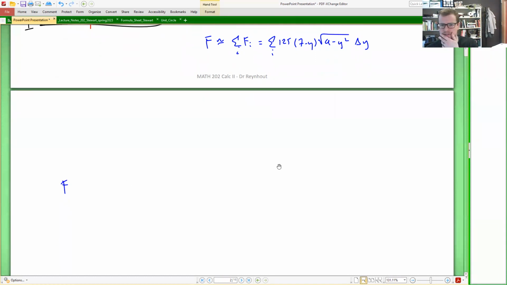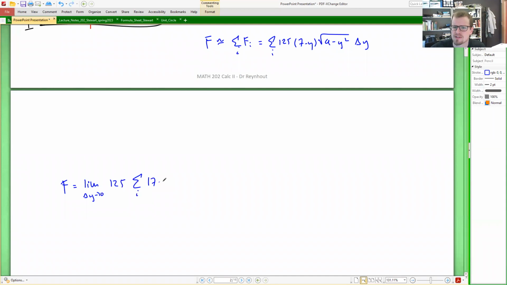So the force exactly is equal to the limit as the change in y goes to 0 of 125. Oh, I need that sum, but I can pull that 125 out. Sum over the intervals of 7 minus y times the square root of 9 minus y squared times the change in y.